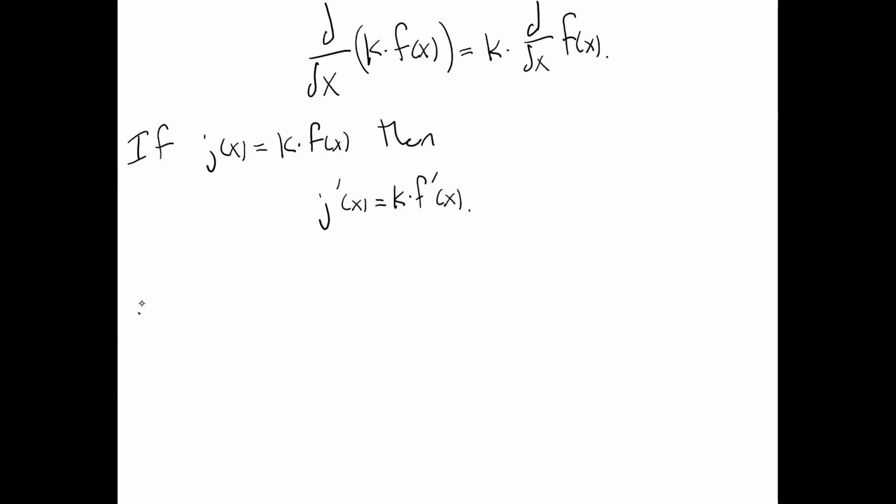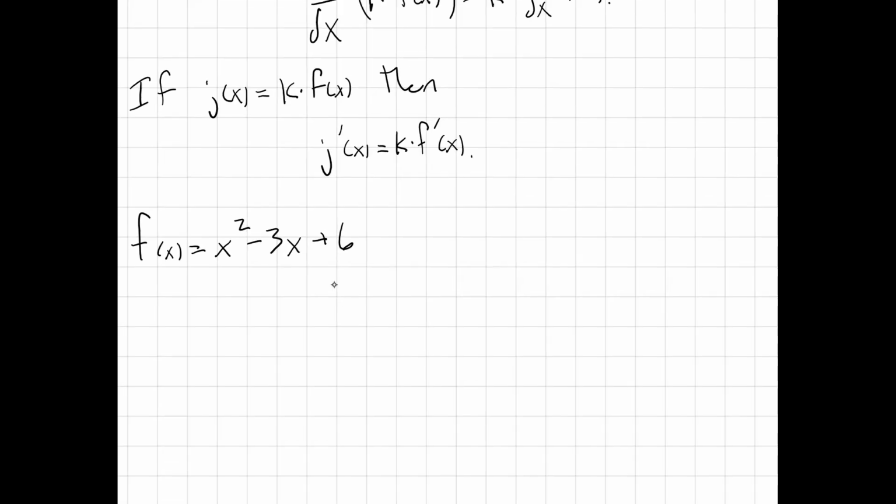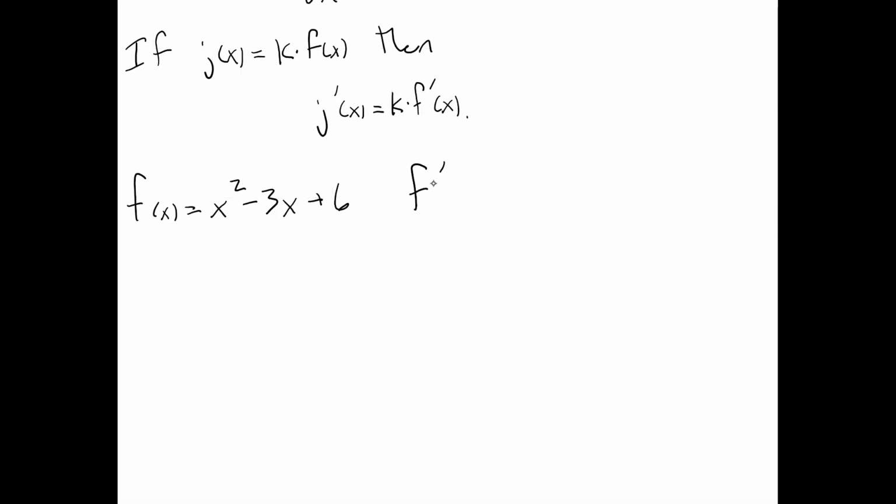We have f of x equals x squared minus 3x plus 6, right? And we found using the limit as h approaches 0 definition of derivative that f prime of x is 2x minus 3, right? We found that using that limit form.